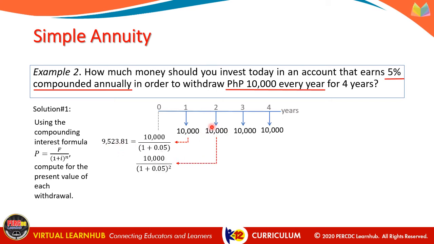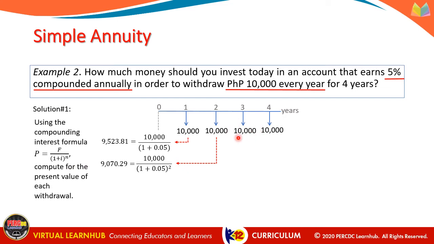This 10,000 pesos at the end of second year, when brought at time is equal to 0, will have a value equal to 10,000 over 1 plus 0.05 squared. That is equal to 9,070.29. We're just using this formula.